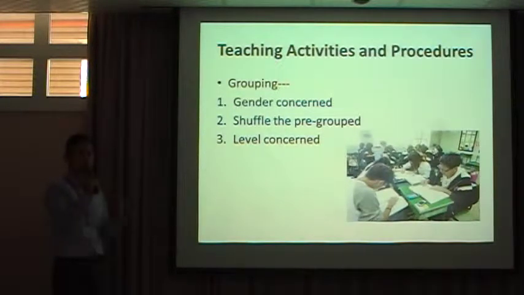So I try to balance the sexes in each group. So the first one I just considered the gender part. After the first midterm, I shuffled their pre-groups. So I drew lots and shuffled 2 of them to different groups. So it's on a large scale.